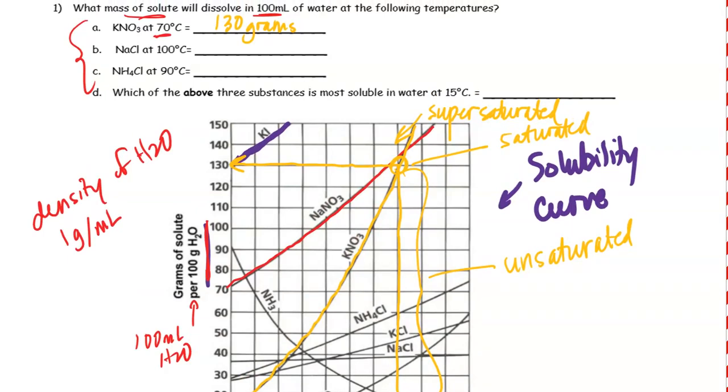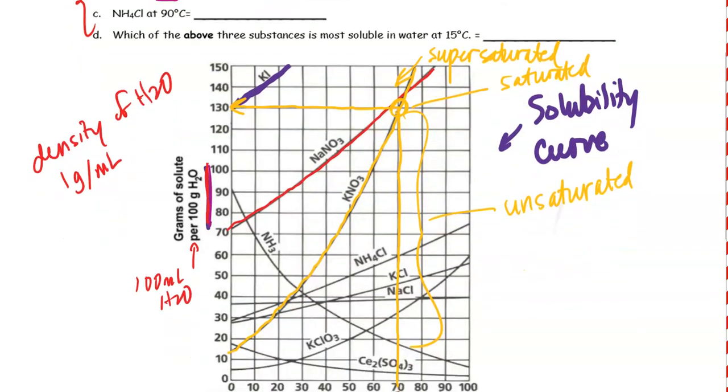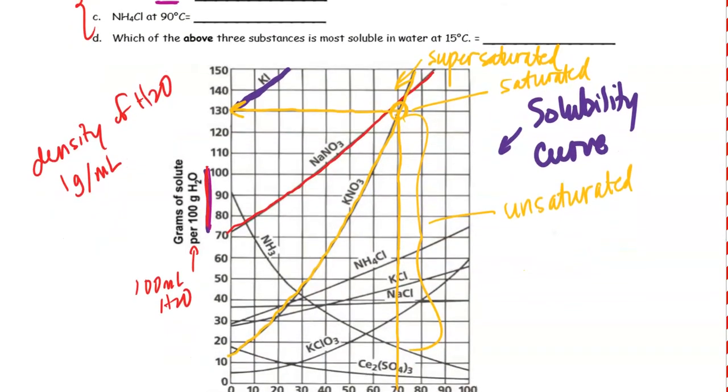We also have sodium chloride, and they're saying, okay, how much sodium chloride can I get in at 100 degrees Celsius in 100 milliliters of water? So once again, here's 100, right? And sodium chloride is actually this trace right here. So there's sodium chloride.